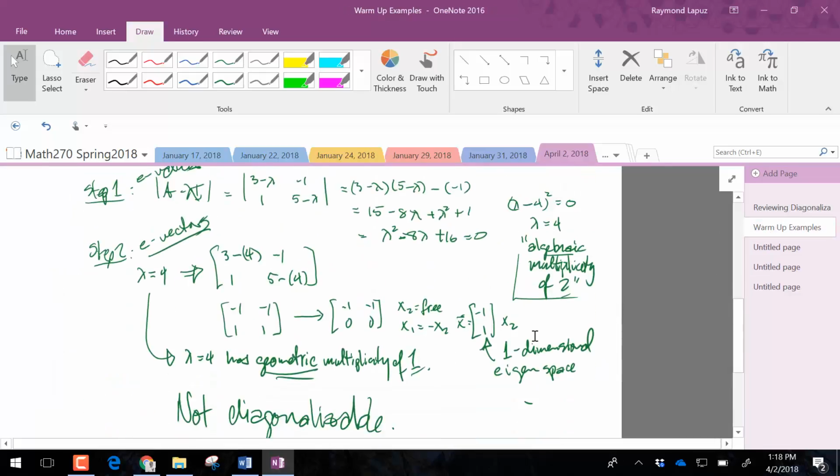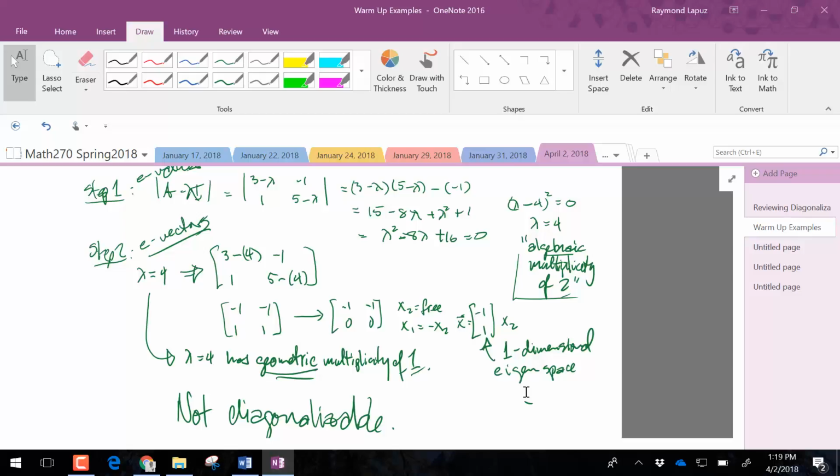Yeah, because it's a line, and the null space that we found only had one vector. So because it only had one vector, it means it didn't match the dimension of the matrix, the number of columns we have, and so we just have to say it's not diagonalizable. Okay. Any other questions?